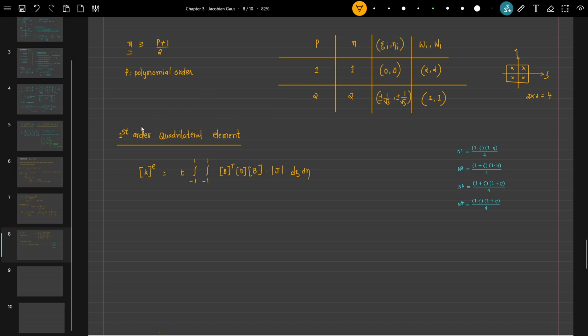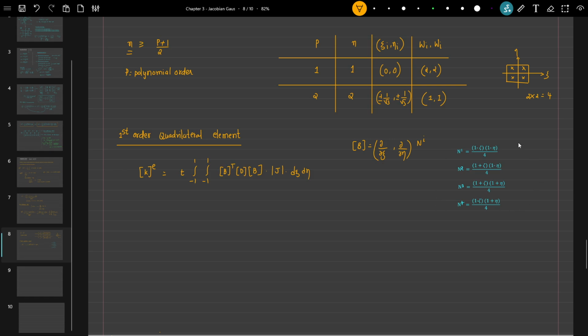Okay, so with this, let's try to understand the integration points and polynomial order for the first order quadrilateral element. So this is our stiffness matrix as we know, and the B matrix, as we know, is basically the derivatives of shape functions. So B has the terms which are derivatives of shape functions.